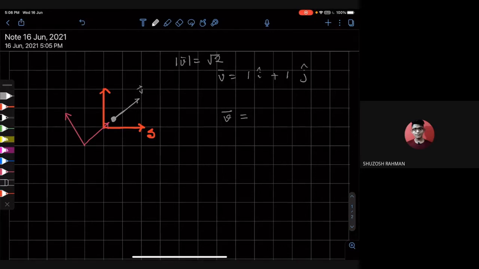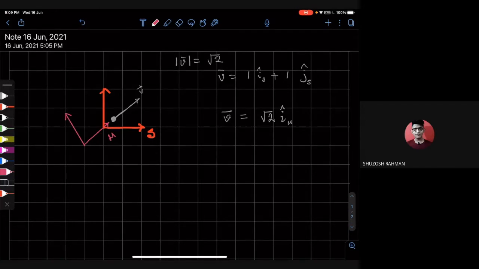But in Moon's reference frame, there is no y component. So what Moon is measuring is this. This is the basis for Shujosh's reference frame, and this is the basis for Moon's reference frame.